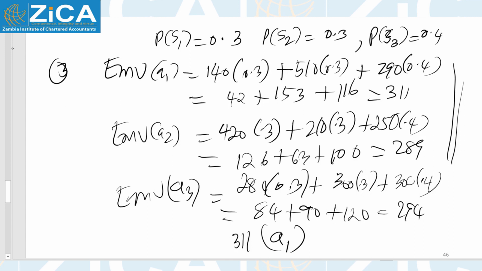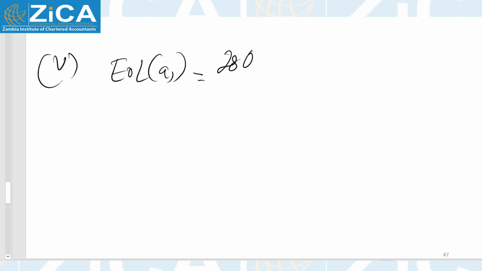Now the expected opportunity loss: you go to the table of regrets, which you already have. For A1, you have 280 times 0.3 plus 10 times 0.4, and this gives us 88.